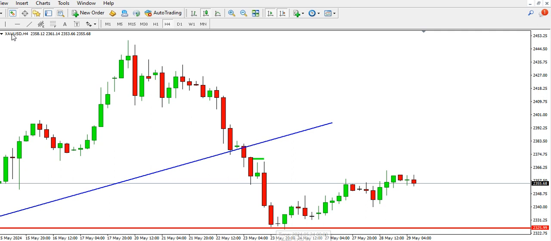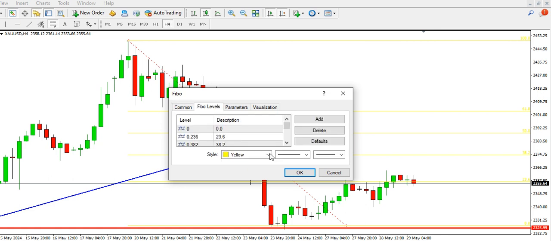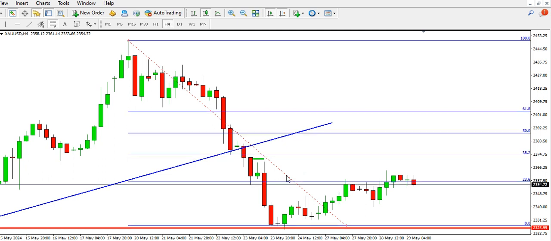Price has retraced up to the 25% Fibonacci level.